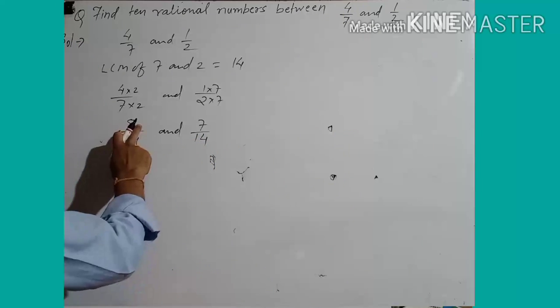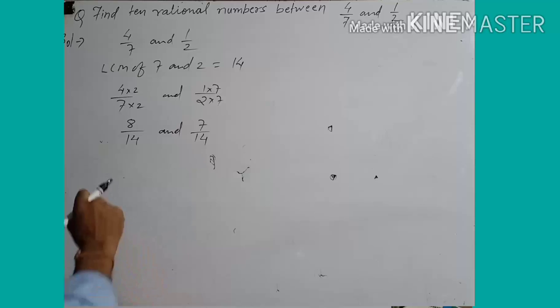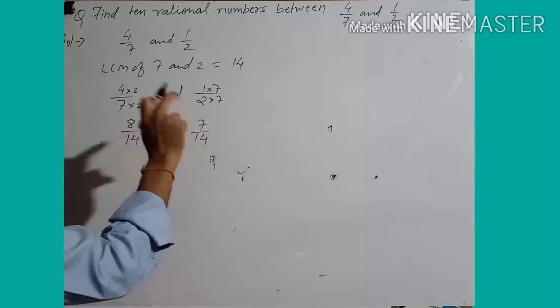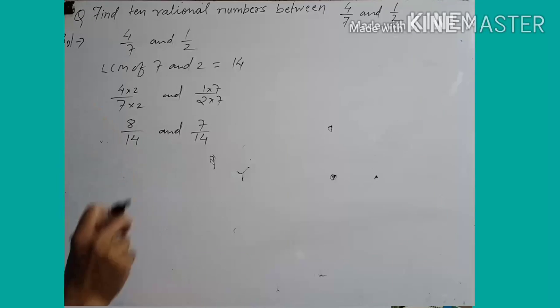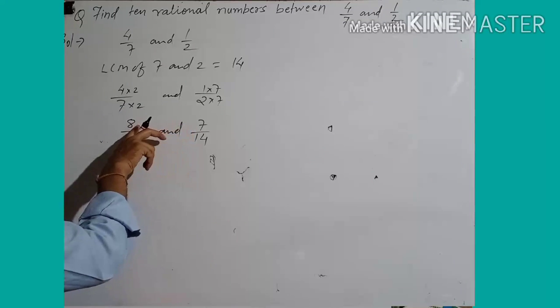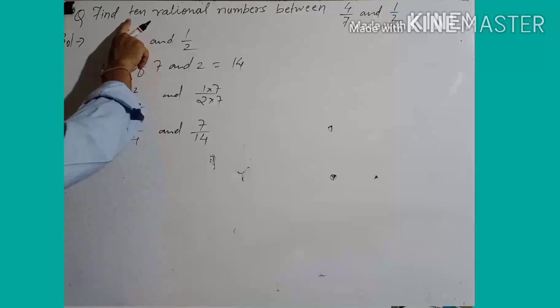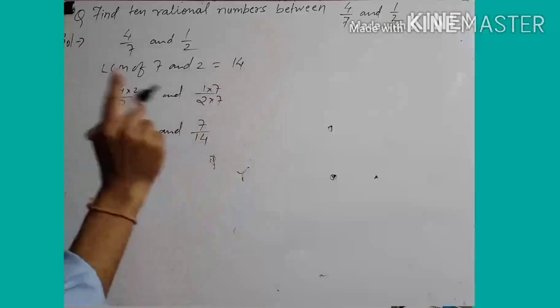Now we can compare the numerators. When we compare the numerators, what do we find? We find that there is no number between them. So how will you find them? It is very simple. We will use a concept. One more concept I want to make clear. When the numerators do not have any number between them, and you want to find 10 numbers, you take 10 plus 1, which is 11.